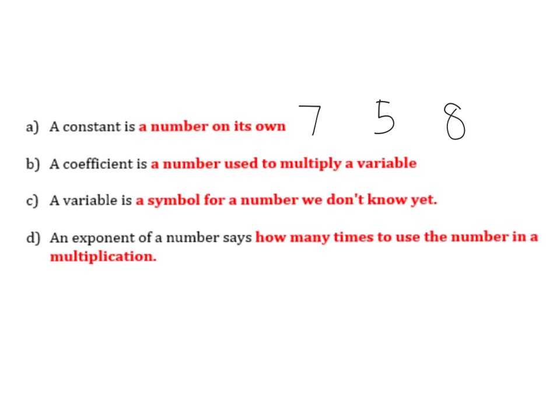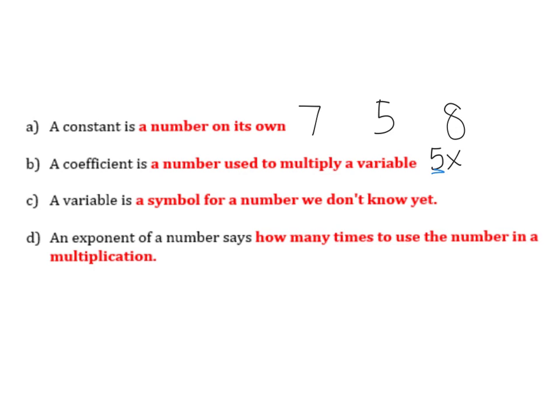And then coefficient. So a coefficient is a number used to multiply a variable. And just so we're clear here, a variable is a symbol for a number we don't know yet. So examples of a coefficient could be, if I wrote 5x, because the 5 is being multiplied by the variable x, which is a number we don't know yet, 5 in this case is a coefficient.